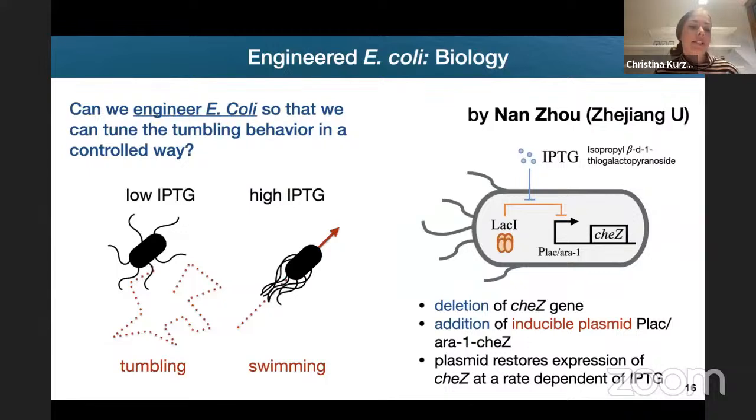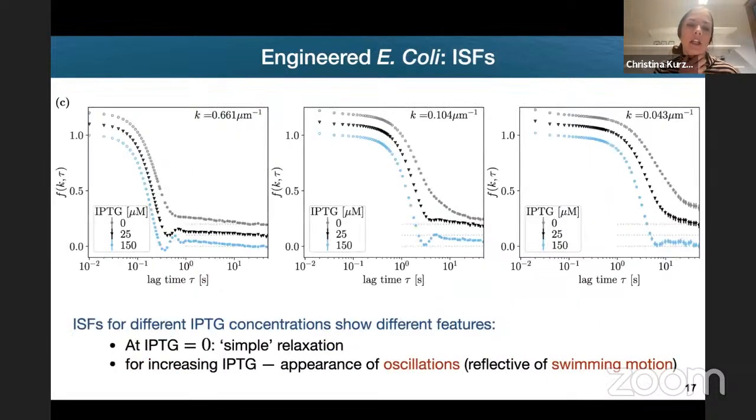So now our hypothesis is, well, if cells are grown in an environment with a low IPTG concentration, they would be tumbling all the time. But if they grow in an environment with a high IPTG concentration, they would be swimming. Okay, and so we can look at these ISFs again for samples with different IPTG concentration and at different length scales.